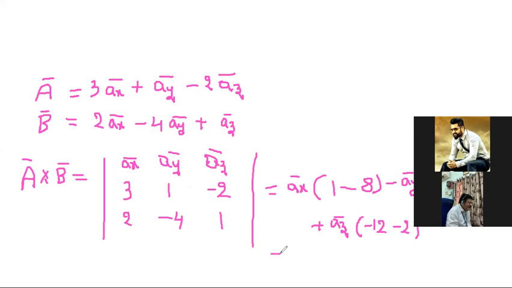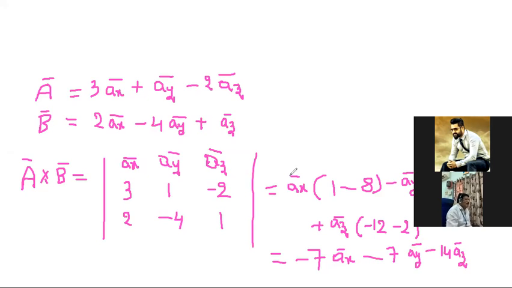So this is equal to 8 minus 8 plus 1, so you get -7 into Ax, then minus 3 plus 4, 7 Ay, and here -14 Az.